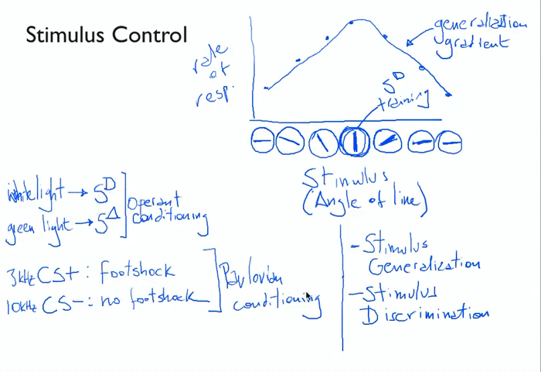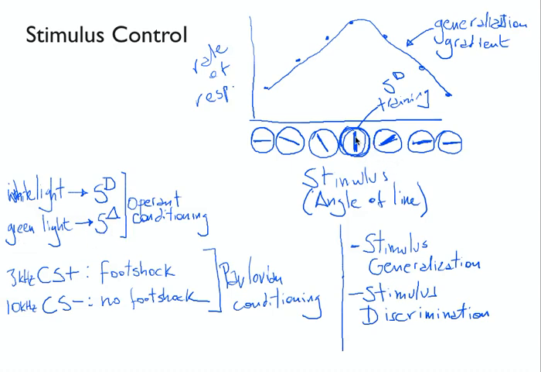And notice that one particular thing that's interesting about this preparation is that for the white light in this example to be an effective SD, one of the things that need to happen is that the animal has to be able to discriminate between white light and other colors, like say the green light in this example.